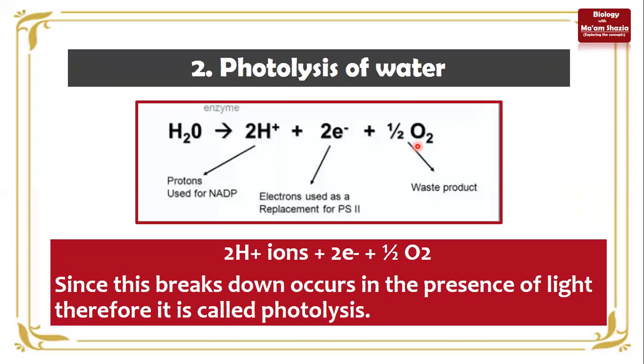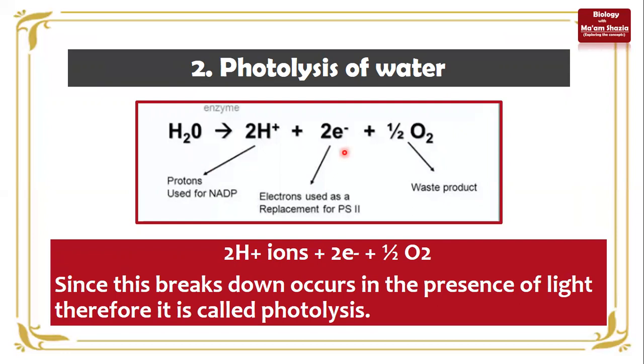This is the oxygen of water which is available in the atmosphere, and we use this oxygen, which is basically provided by the water molecule. So in return, we can say that photosynthesis is responsible for providing us oxygen. The water molecule is very important in plants.